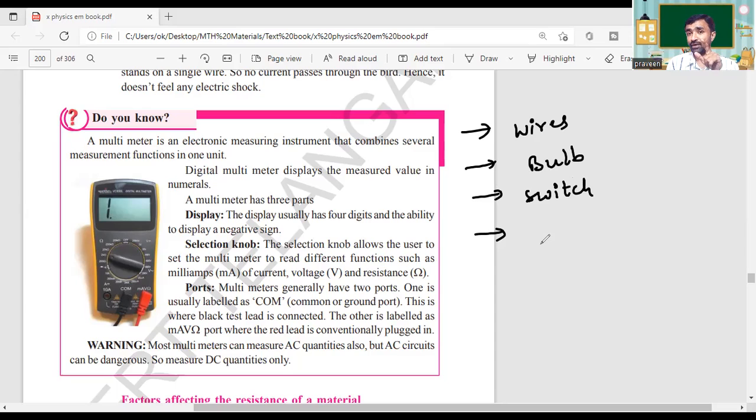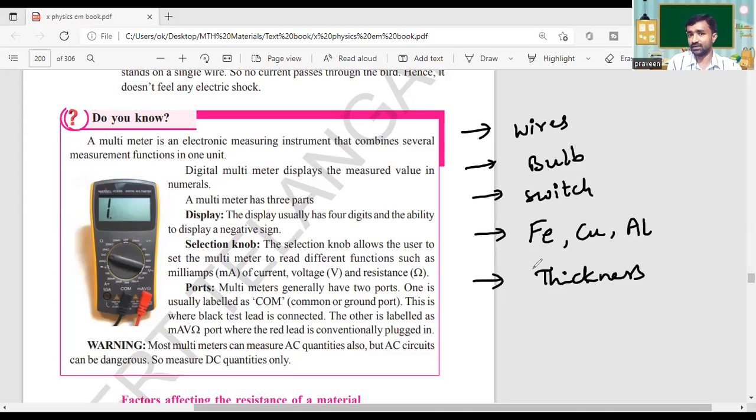Changing the material means you need to collect different materials available as strings or wires, made of iron, copper, and aluminum. You need to collect these materials with different thicknesses.